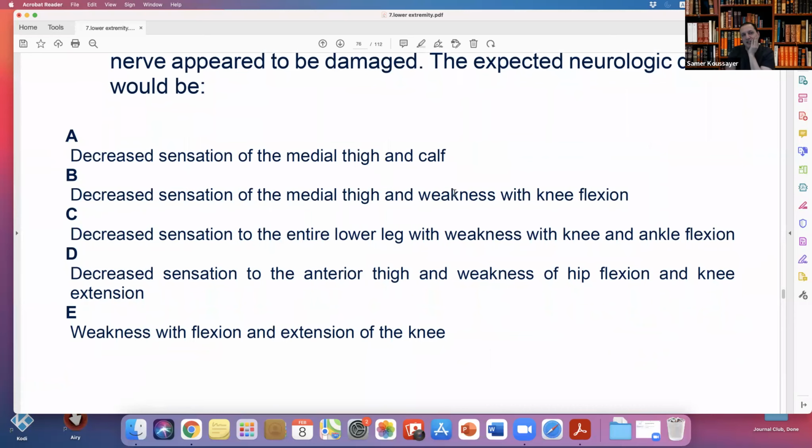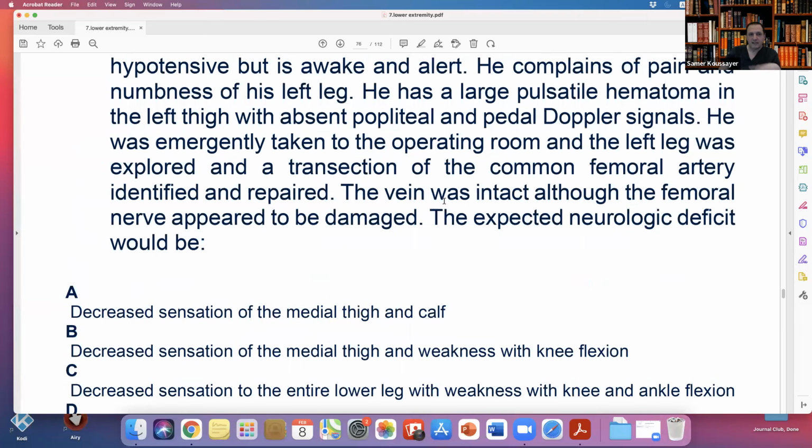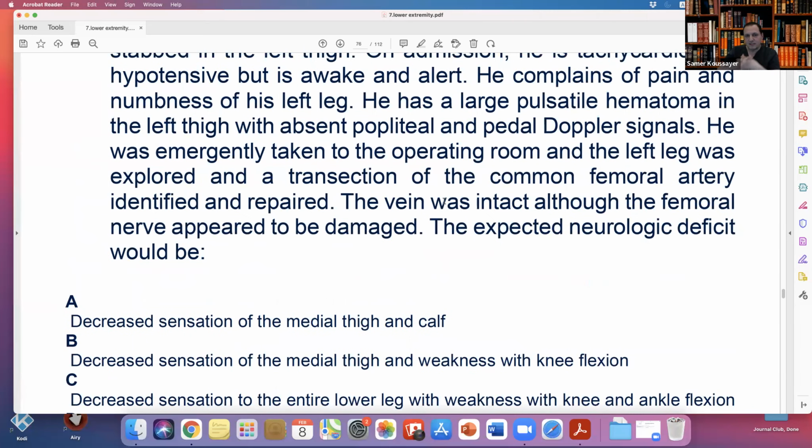But let's talk in general, before we go into details: femoral nerve, what muscles does it supply? Let's talk about motor, forget about sensation. In the thigh, all the thigh muscles are supplied by the femoral nerve. What about the sciatic nerve? What does it supply?